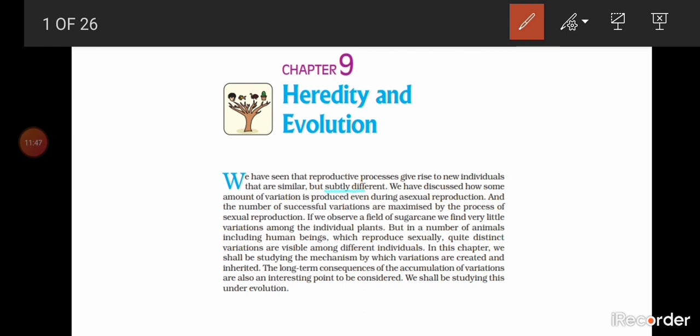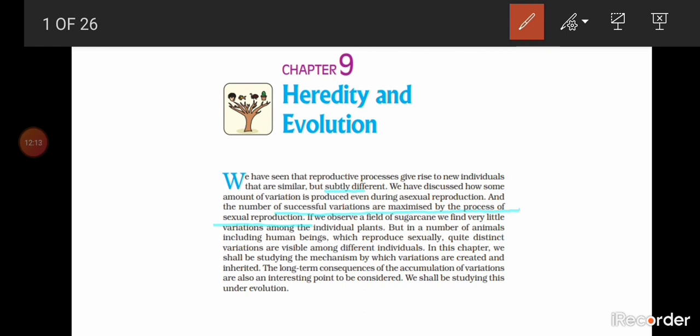And the number of successful variations is maximized by the process of sexual reproduction. So compared to sexual reproduction, in asexual reproduction we see only minimum variation, because of the environmental factor. But in sexual reproduction, we are able to see many successive variations.